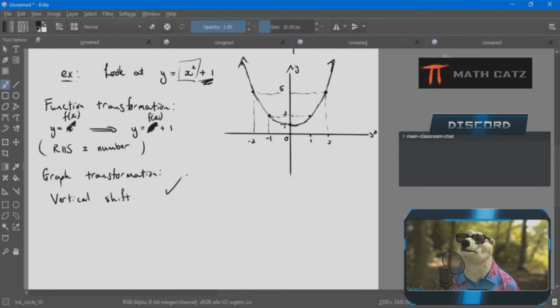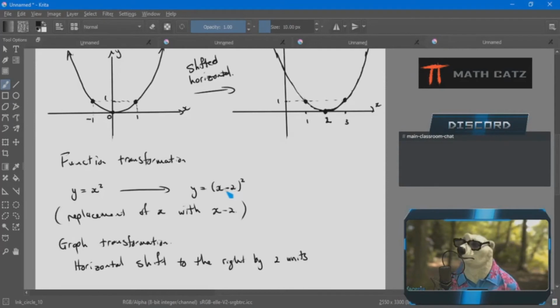Now, subtracting moves me up along the x-axis. So it's not quite the same, and I have to be aware of that. If I replaced x with x plus 2, then I would shift to the left.